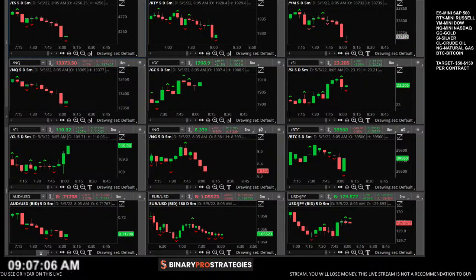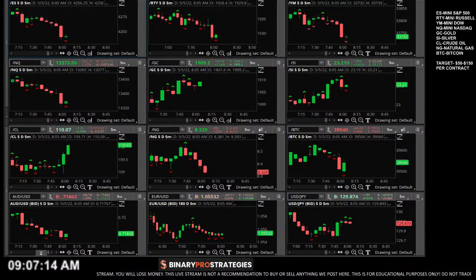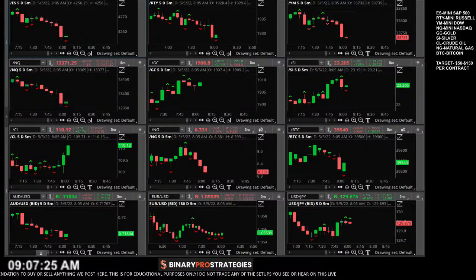All right, long for the US yen, 129.89 long. This is going to be a PAP setup. Good premium in the 40s. Target is $60 if we can hit it.